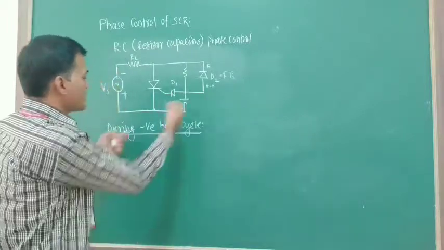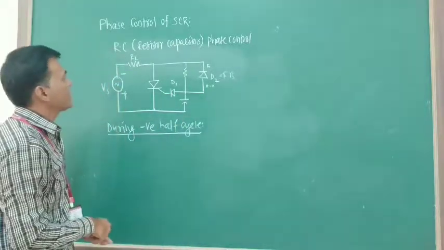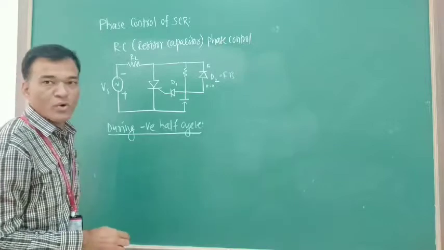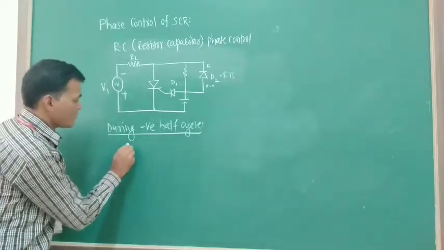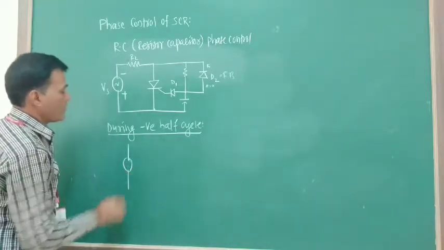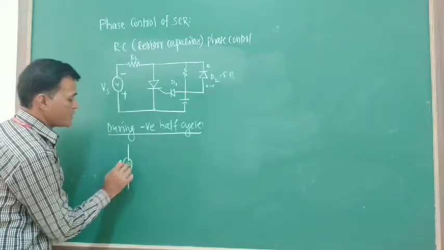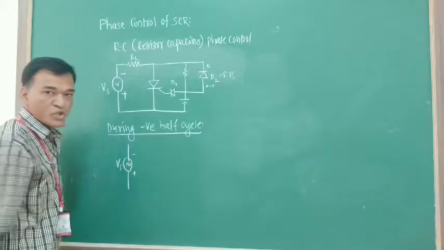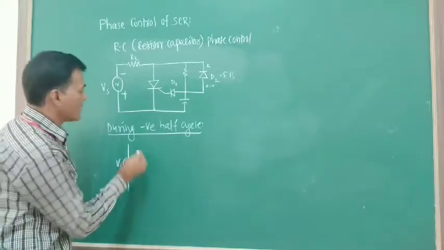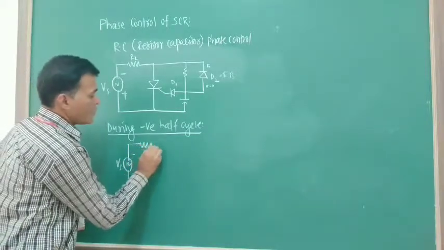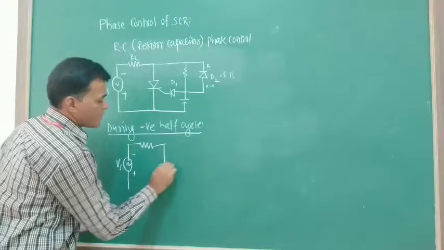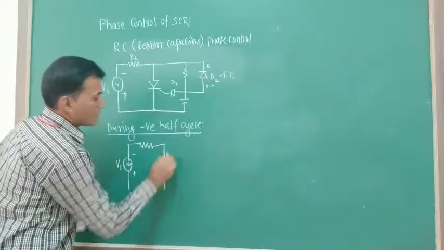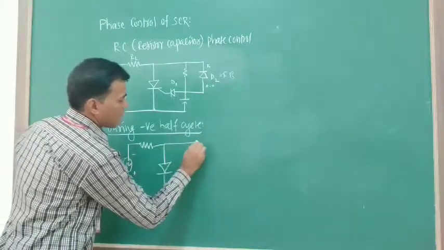Alright. Now let us draw the equivalent circuit for this RC phase control in the negative half cycle. So we have the sinusoidal input voltage Vs with negative upside, positive downside, because it is the negative half cycle. Then load resistance RL, SCR, then the RC circuit.